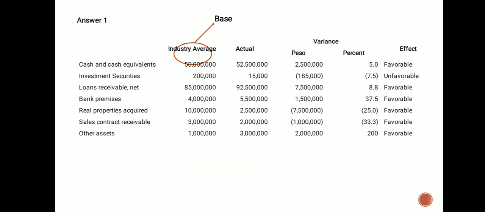But here, if you notice, there is a decrease in the assets, real properties acquired and sales contract receivable. Supposedly it should be unfavorable, but here in this case it's favorable.